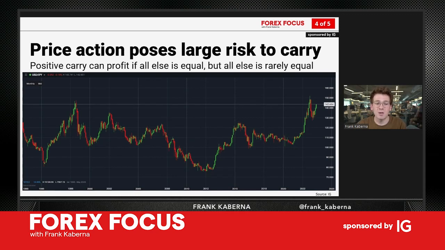But if that US dollar falls compared to the Japanese yen by more than my carry amount, I'm losing money. And that's a very real risk, especially when you look at the fact that you would be buying this USD versus the yen at what are 20 to 30 year highs here, a lot of room to potentially fall to the downside.